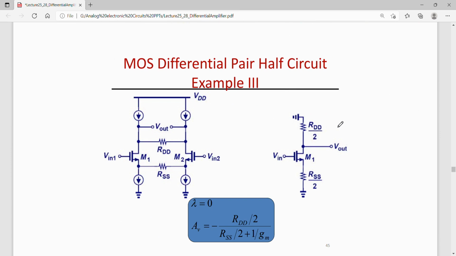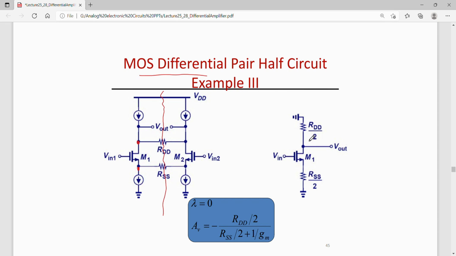Then let us say that we have this circuit, another differential pair using MOSFETs, and we have to find out the gain of this circuit. Again we'll try to create half circuits. Now this half circuit will contain RDD by 2 here and RSS by 2 here at this point.